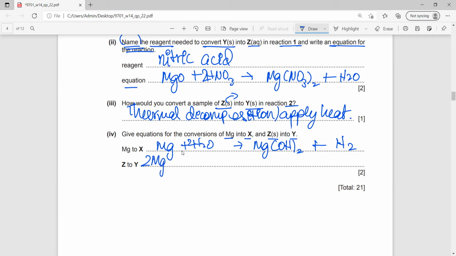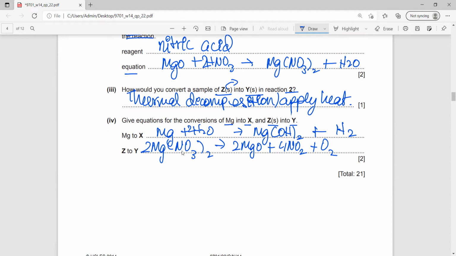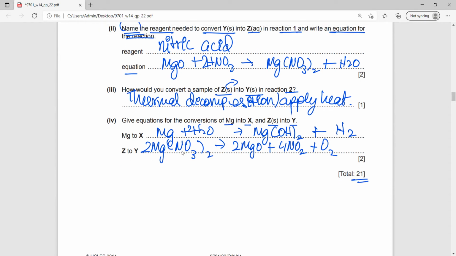So this is something, either you can keep it by heart, or you can balance the reaction every time you write it out. But because it's time consuming, I just recommend learning it by heart. So 2Mg(NO3)2 thermally decomposes to give 2MgO plus 4NO2 plus O2. Okay, that's an easy 21 marks in less than 10-11 minutes, right?